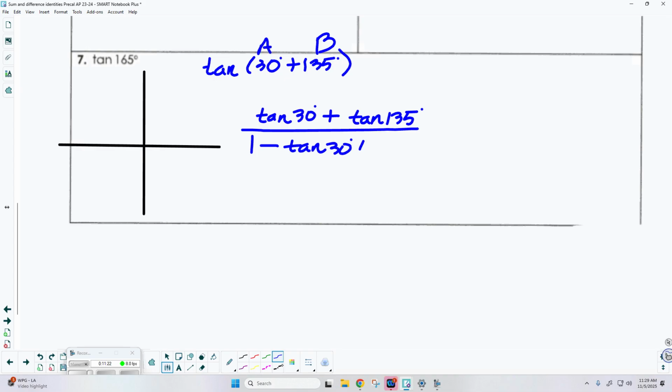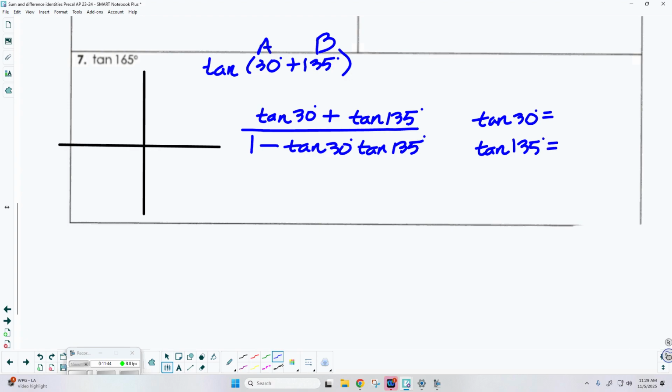Tangent of 30 degrees times tangent of 135. Now, we do need to know what each of these are going to equal. We need tangent of 30 and tangent of 135. Okay, so let me go ahead and write these over to the side here. Tangent of 30 degrees, tangent of 135.